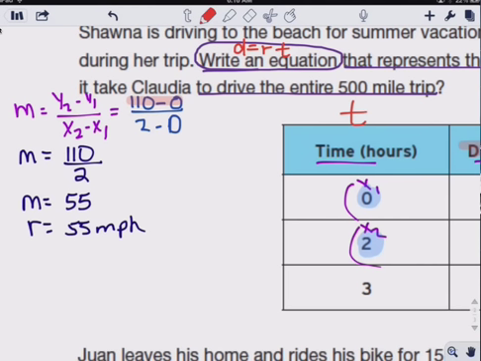Alright, so the formula then is D equals rate 55 times the time. Now you always need to check and make sure your formula is correct.